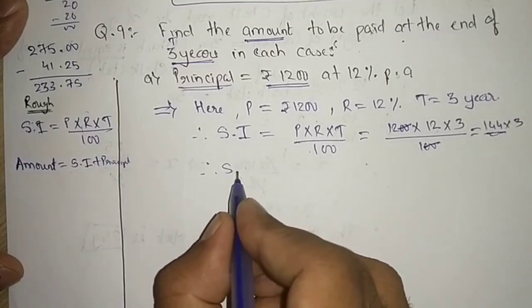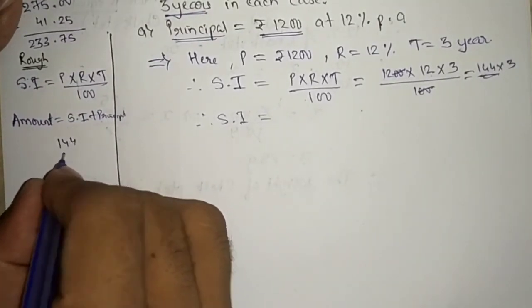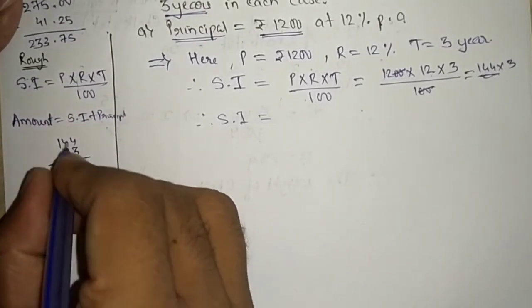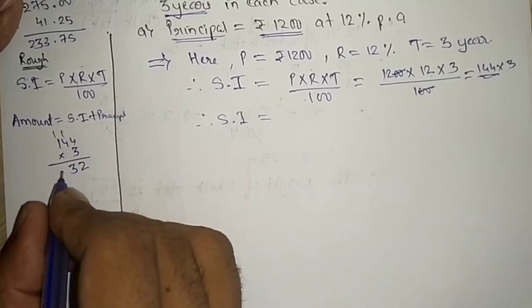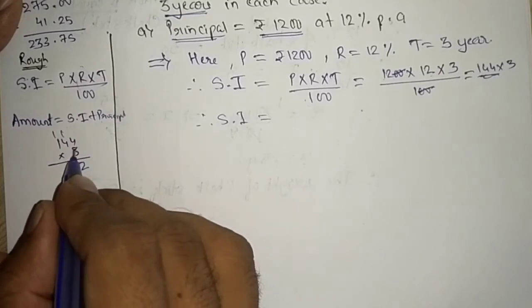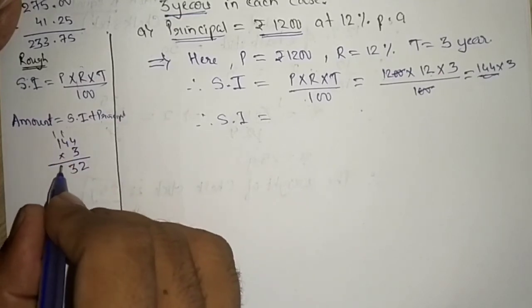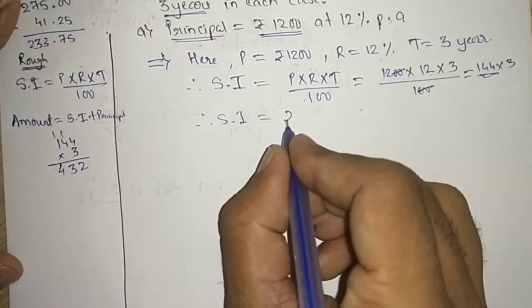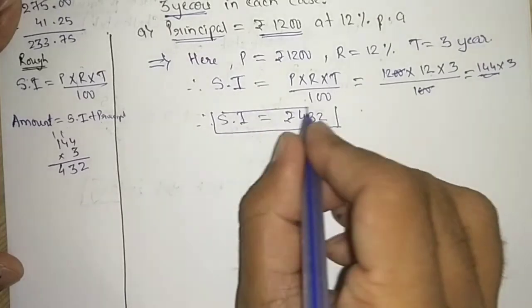Therefore simple interest is equal to 144 into 3. 3 4s are 12, 3 4s are 12 plus 1 is 13, 1 carry, 3 1s are 3 and 1 is 4, rupees 432. This is our interest.